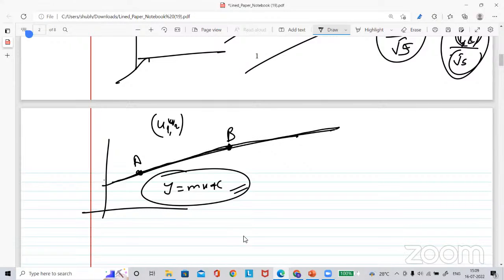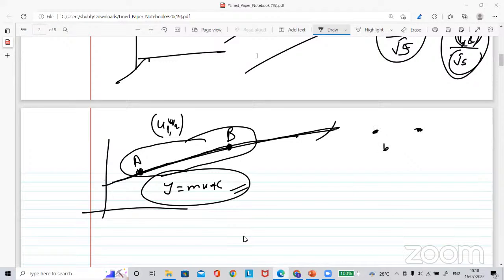What it tells you is that only 2 points are needed to decide this line. In the coordinate system you already studied in math 1, if you have 2 points, what is going to be the slope of the line?